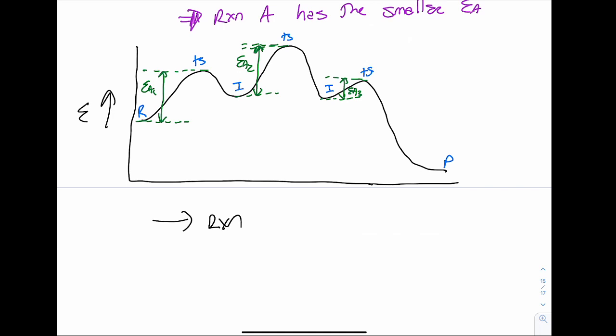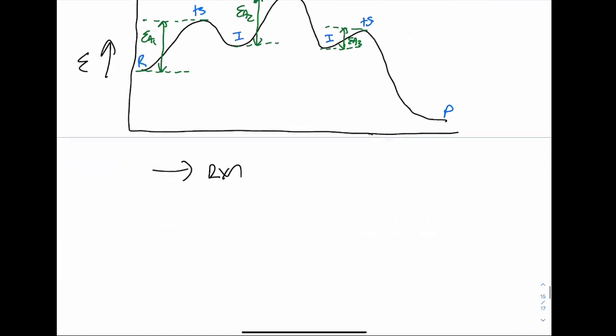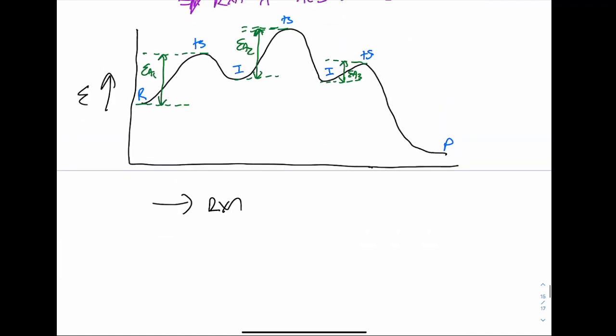I know I have 3 steps because I have 2 intermediates, right? I'm going from reactants to intermediate 1, we can put a 1 on this, to intermediate 2, we can put a 2 on that, to products.